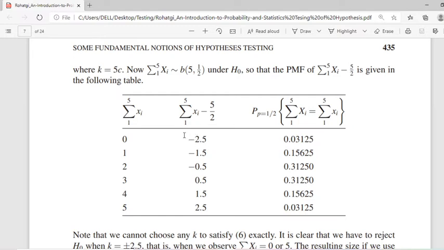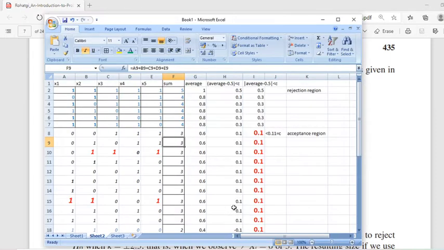That is 0 minus 2.5, that is minus 2.5, minus 1.5, etc. Or we can find out from here.